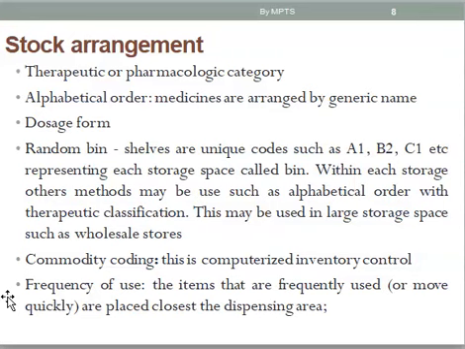In frequency of use, items which move very fast are placed near the counter. Even some patients come and just point at the one they want. We know those drugs. So, those which are used very fast are placed near, and in the shelves, you use the methods above.